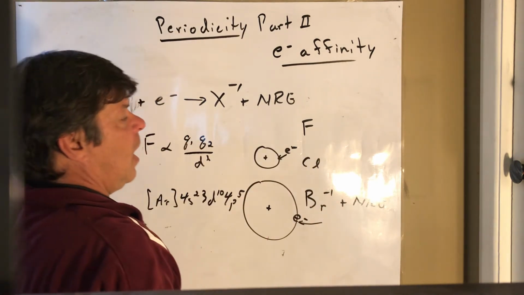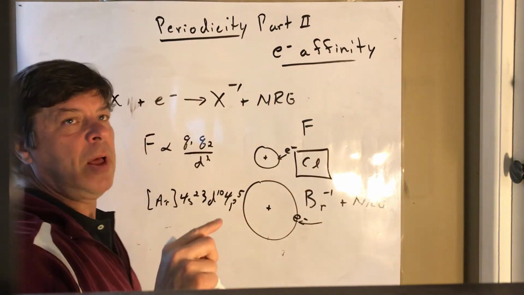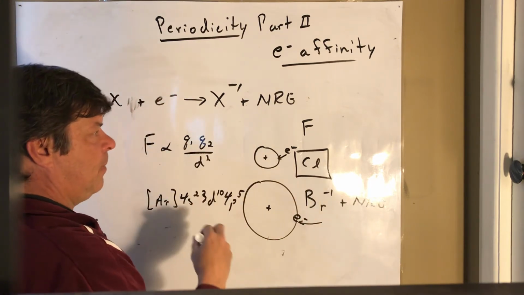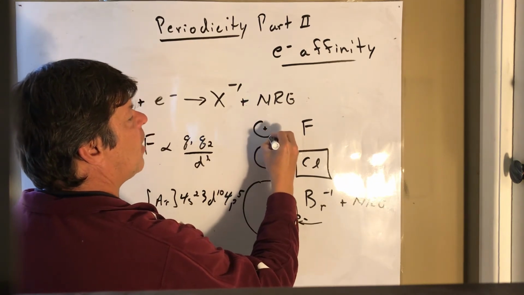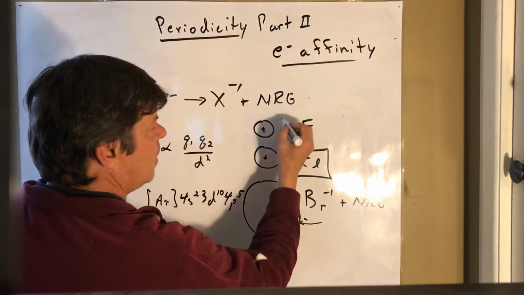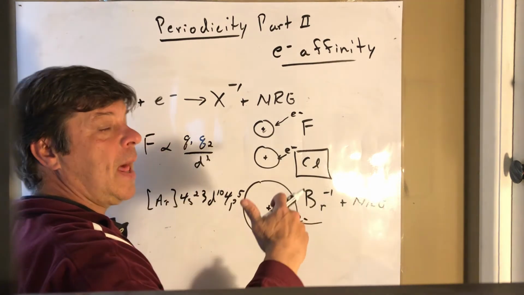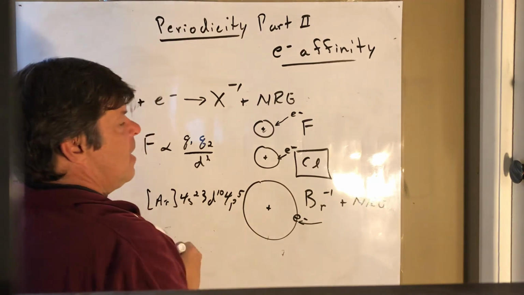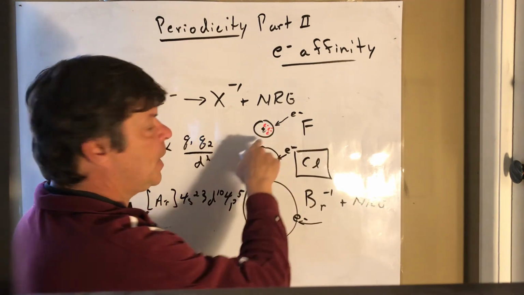Fluorine's a little different. It turns out chlorine has the highest electron affinity on the periodic table. The reason fluorine does not, okay, fluorine is especially tiny. So if you think about adding an electron there, sure, that atom's gonna attract that electron, but this electron is coming into an area that's pretty rich with electrons.